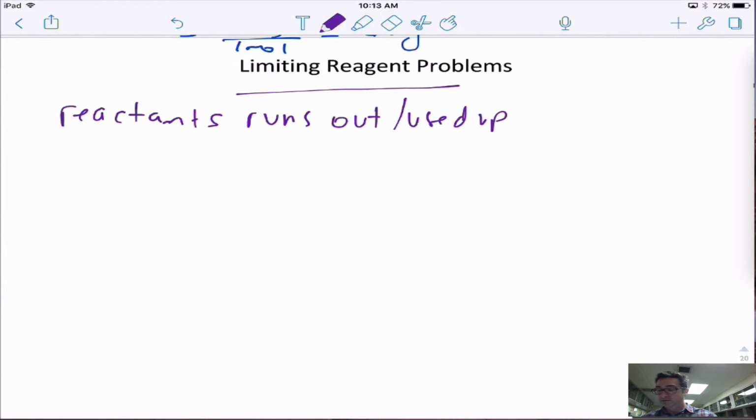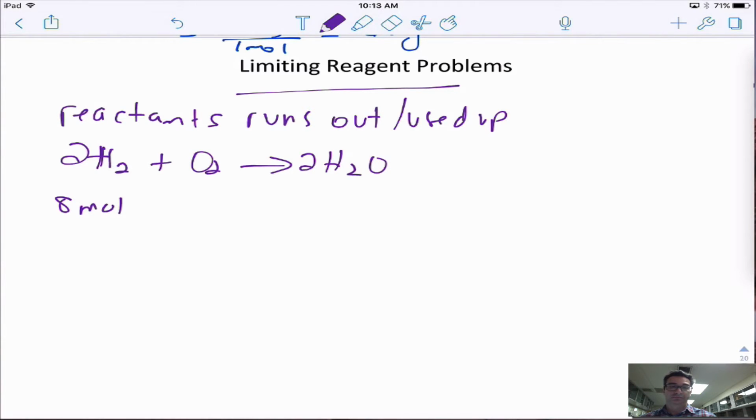Well, let's take a reaction. 2H2 plus O2 yields 2H2O. And let's say that you're given the following information. Let's say that you're given 8 moles of H2, and let's do 10 moles of O2, just to make it more fun.